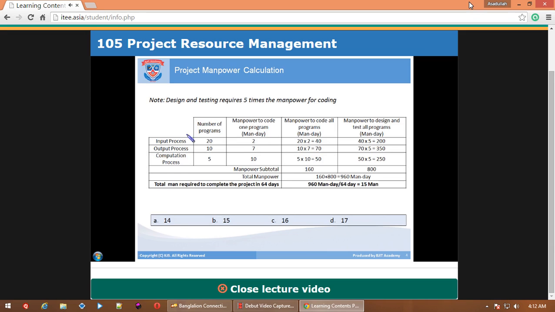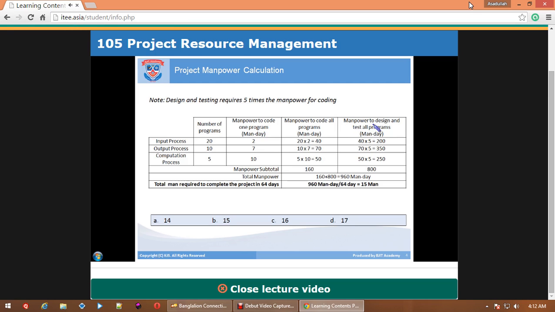In this system, there is the input process, and it has 20 programs. Manpower for coding 1 program is 2 man days. So to complete the coding of 20 programs, we need 20 into 2, that is 40 man days.